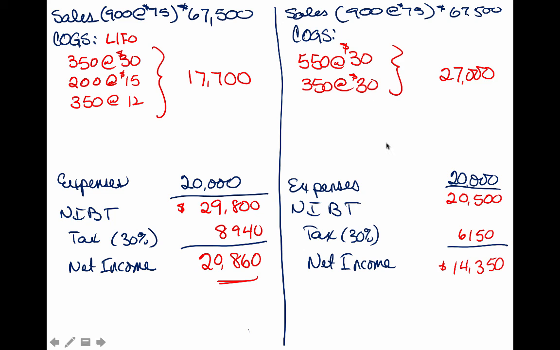So notice, when you buy your inventory, and if you tap into older, cheaper inventory layers, when you're using LIFO, it can really have a dramatic impact on your taxes and your bottom line.